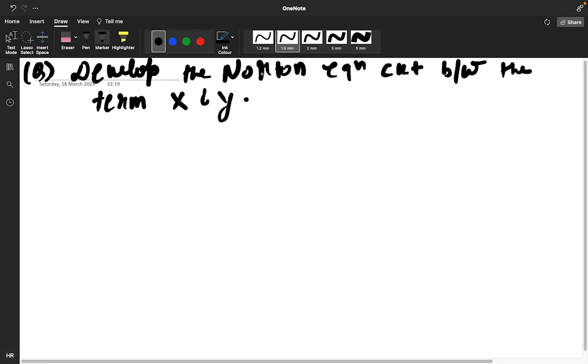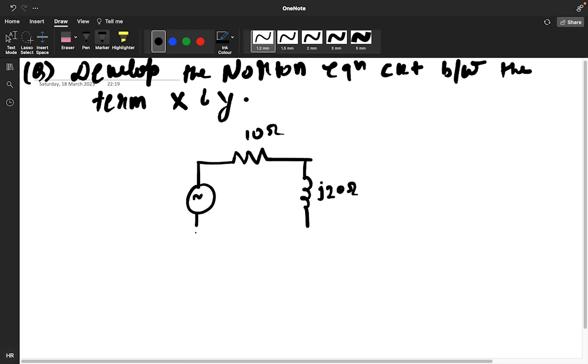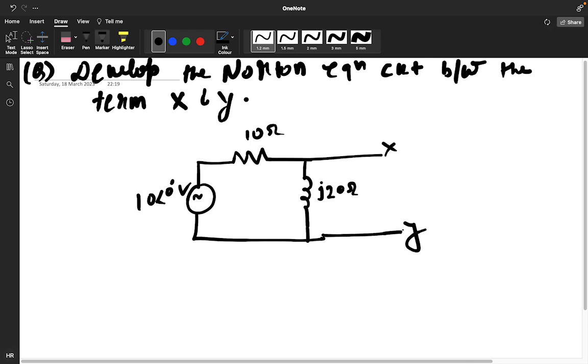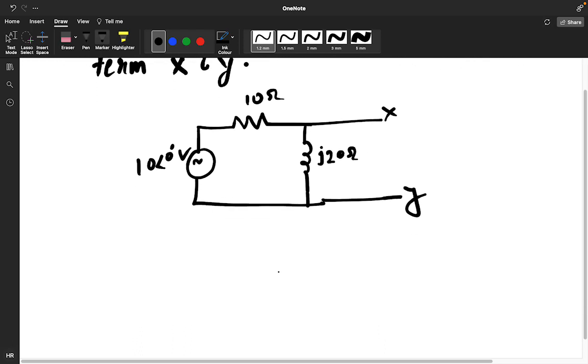So our circuit is like this. This is 10 ohm, this is j20, and this particular is 10 at an angle 0 degree volt. This is x, this is y. So you need to find the Norton equivalent of this circuit.